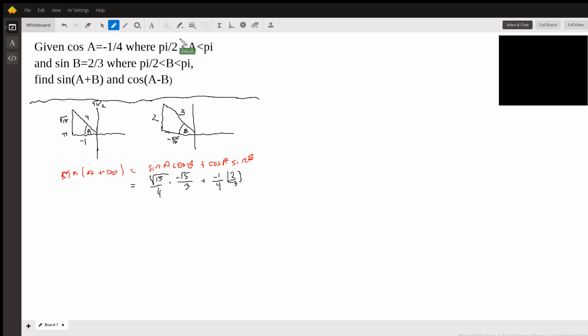Let's do the other formula that we need. Do that in red. So this is the cosine of A minus B. And that's going to be cosine A, cosine B, plus sine A, sine B. That one's easier to remember, I guess.